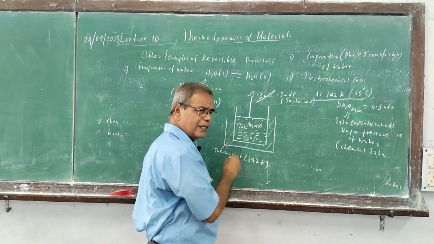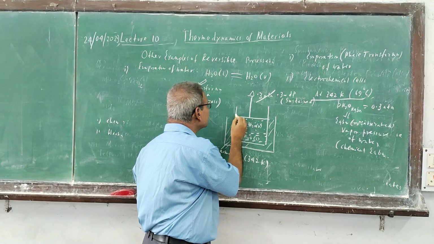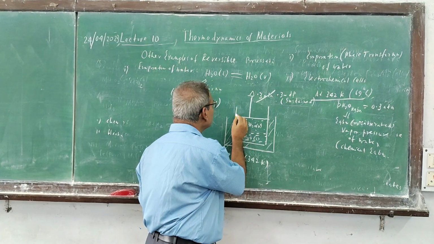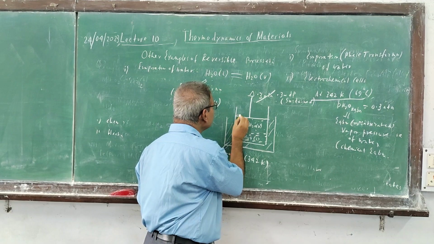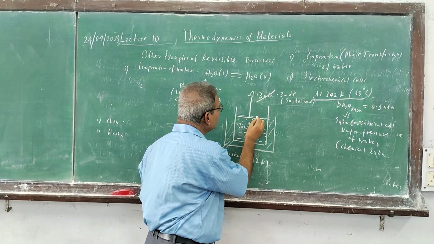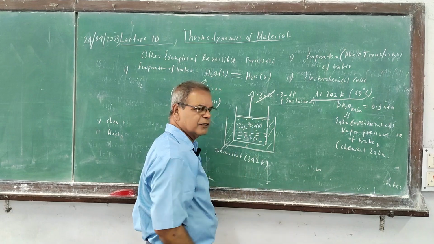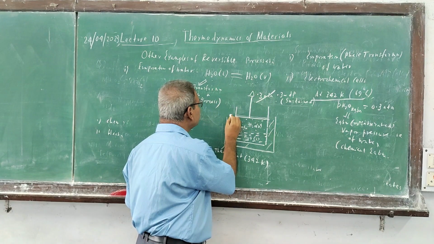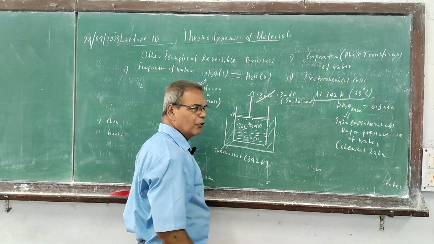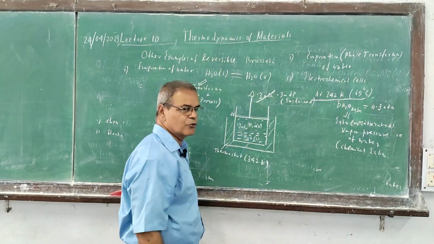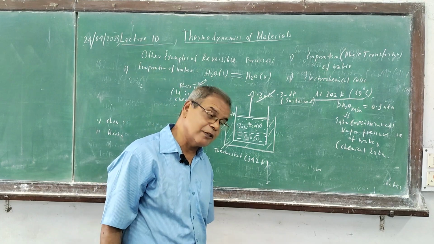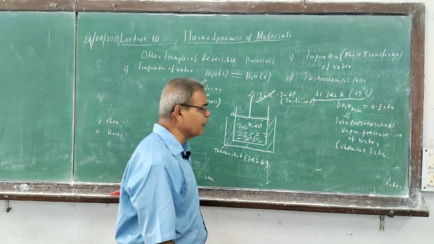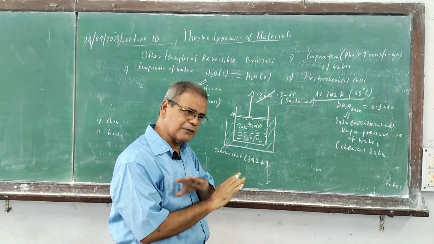Since the system will try to equalize, it will expand. If the volume expands by dV, the pressure 0.3 minus dP is restored and satisfied.